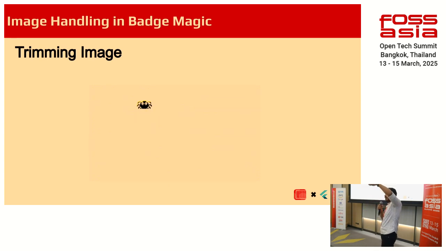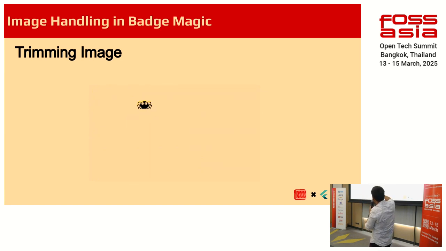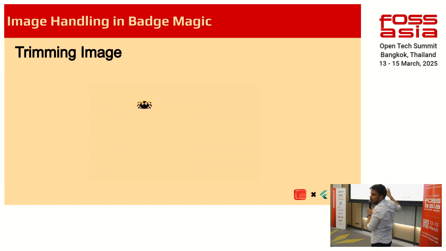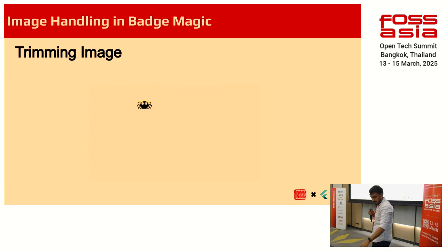We have for loops. We go from top to bottom and try to find the first black pixel or first colored pixel. As soon as we find it, we stop there. We do this for all 4 dimensions, and then we crop and get the main image from the area. So that's how cropping is happening right now in Badge Magic.